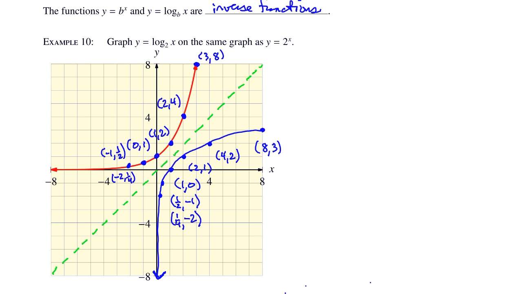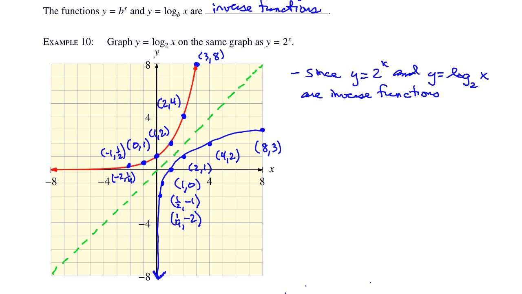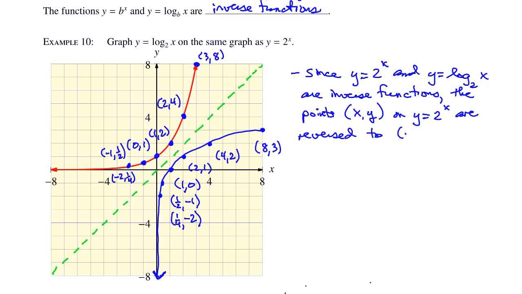So let's write up some notes here. Since y equals 2 to the x and y equals log base 2 of x are inverse functions, the points x, y on y equals 2 to the x are reversed to y, x on y equals log base 2 of x.